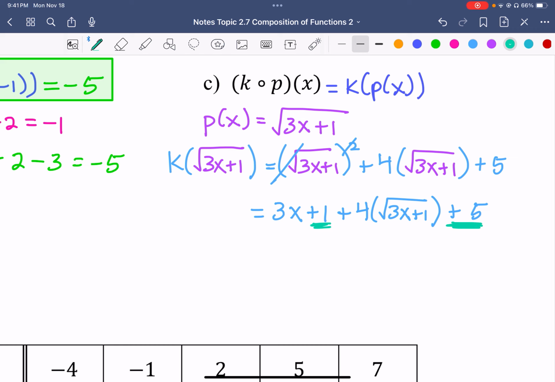So these two here, I'm going to add those together. So we end up with k of p of x is 3x plus 6 plus 4 times the square root of 3x plus 1.